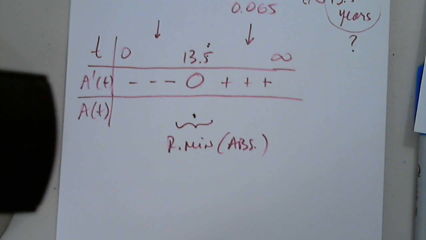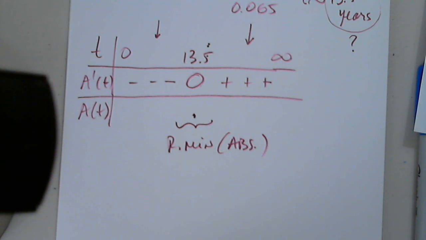I plug in the original function, which is 10,000 e to 0.025t, close, and then plus 15,000 e to the negative 0.04t, and close. And now here is when I plug in that 13.5 approximately.